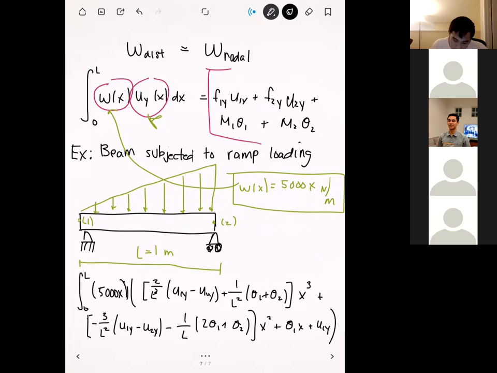And all this is integrated dx. The next part of this problem is we're going to evaluate this monstrosity of an integral right here.